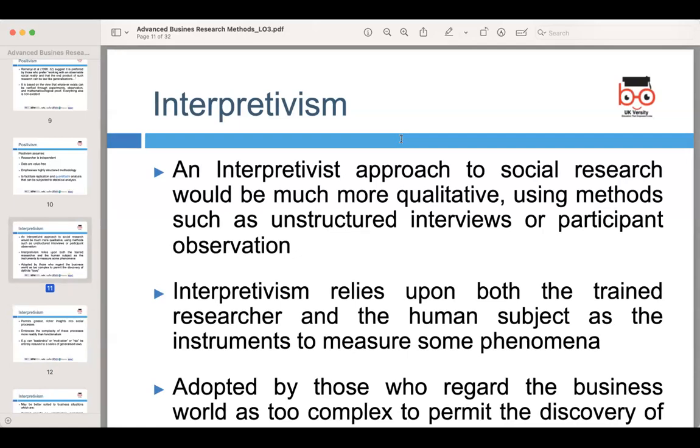Interpretivism is often embraced by researchers who believe that the business world or any social system is too intricate and multifaceted to be reduced to simple cause and effect relationships or laws.